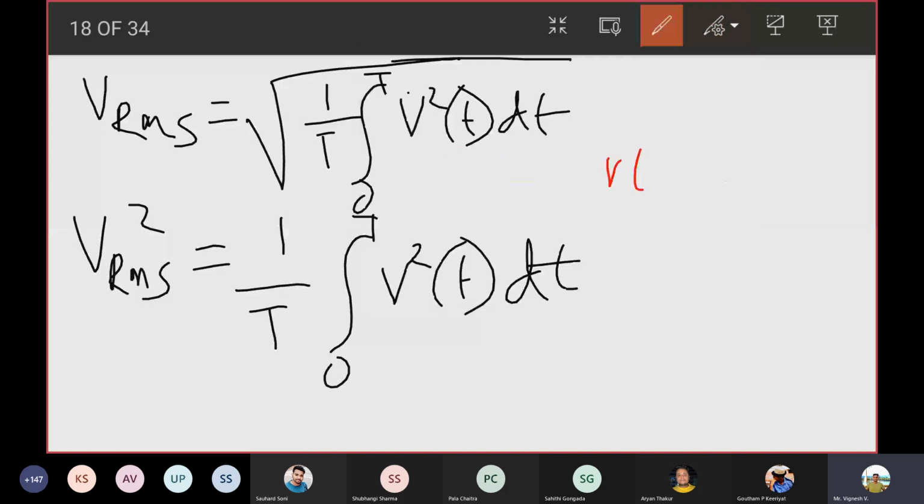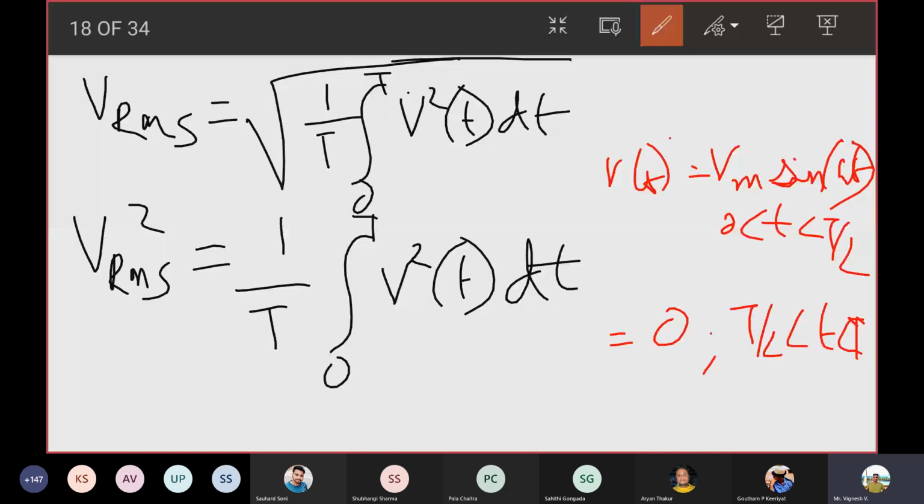It is v of t equals Vm sine omega t in the interval 0 to T by 2, and 0 in the interval T by 2 to T. Right? I substitute this in this equation.